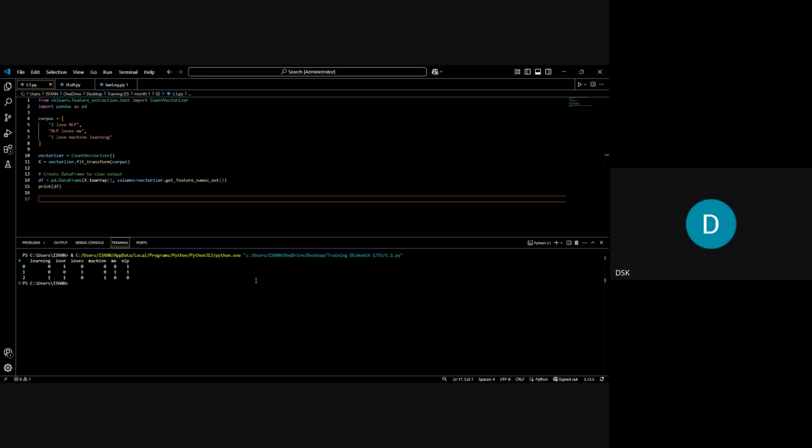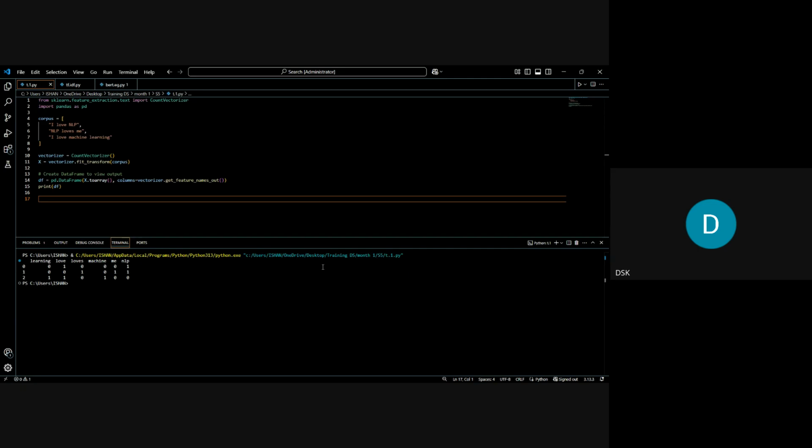Sentence 2, NLP loves me: here loves is given 1, me is also given 1, and NLP is given 1. Row 2 is sentence 3, I love machine learning. For this, love is given 1, machine is also given 1, and learning is given 1. So what happened to I?